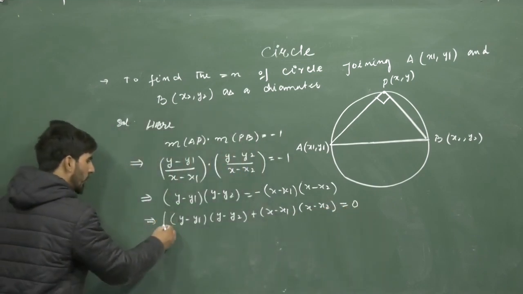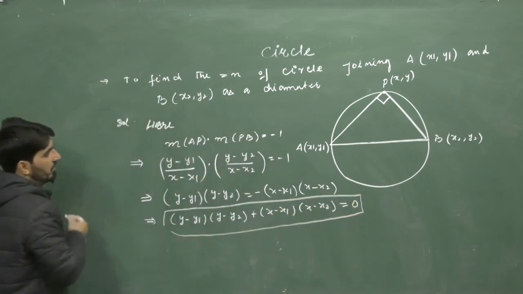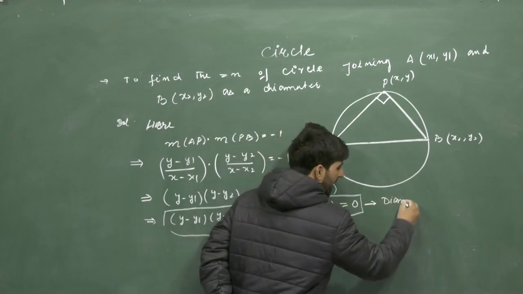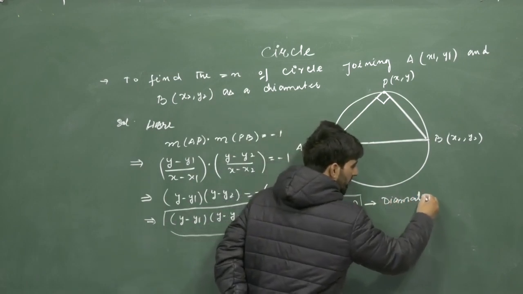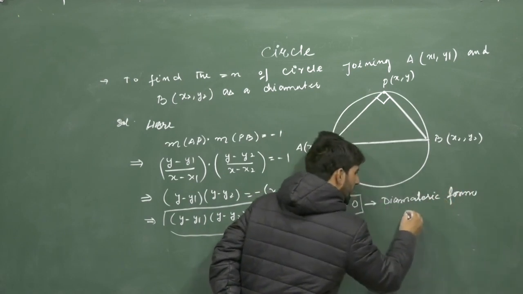So this is known as the diametric form of the equation of a circle.